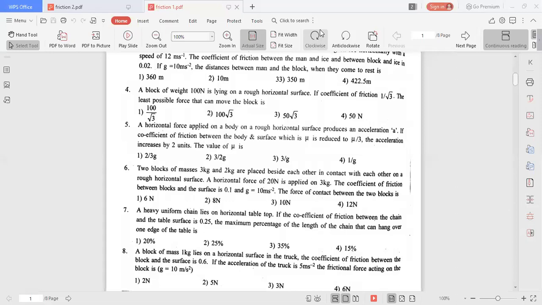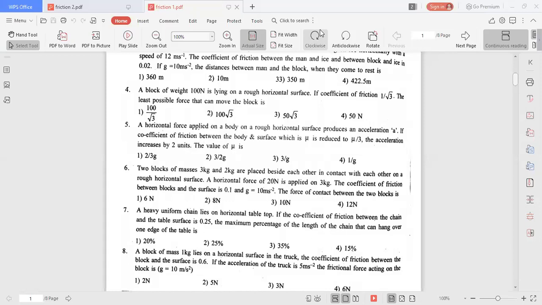The mass of the block is not given, so imagine it as M. Then the acceleration of this block in this case, A1, is equal to A in the forward direction. That means F minus the frictional force is the net force, that is equal to mass into acceleration A. The frictional force is mu into the normal reaction, because the coefficient of friction between these two is mu, that is given. So mu into normal reaction mg is equal to m into A.